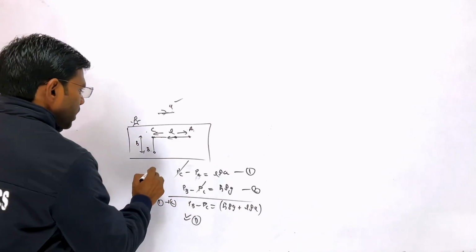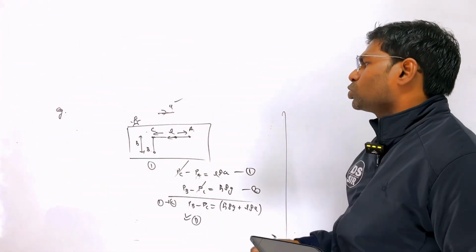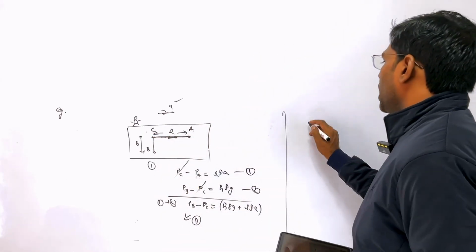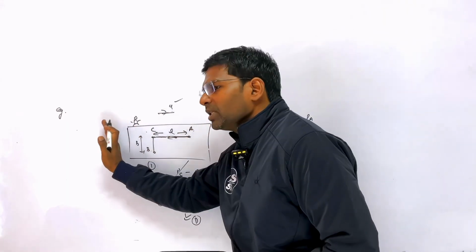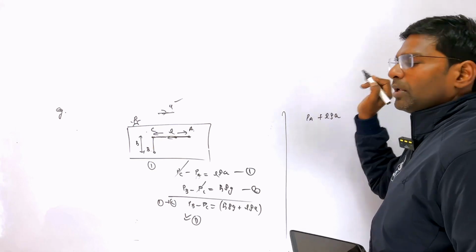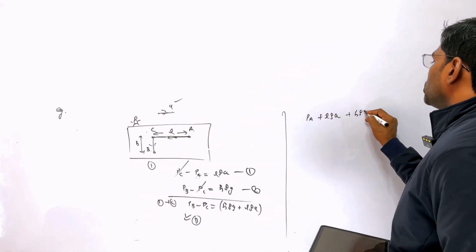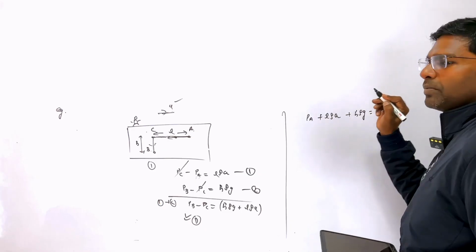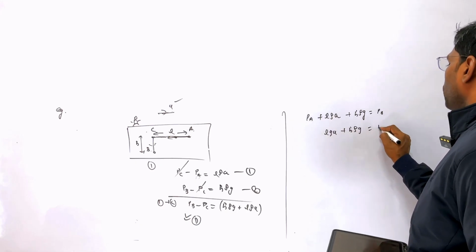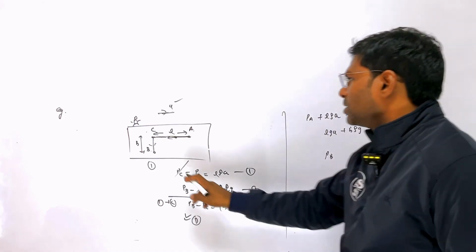Is it clear? Now I assume this to be method 1. By method 2, how to solve? I can write the pressure equation from A to C, C to B. PA, if you are moving in this direction, the pressure is increasing by L rho A. Then moving in this direction, the pressure is again increasing by H rho g, equal to B. So L rho A plus H rho g is equal to PB minus PA.